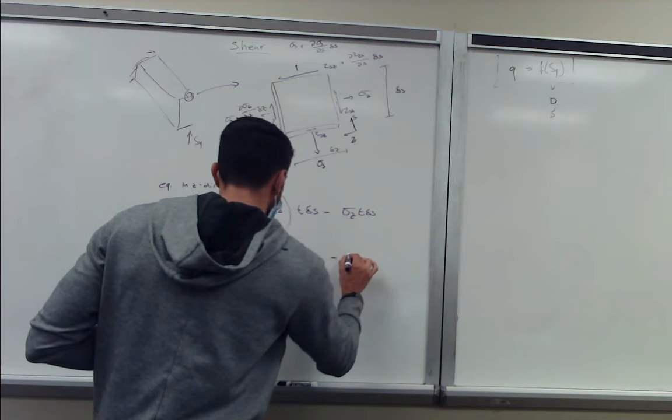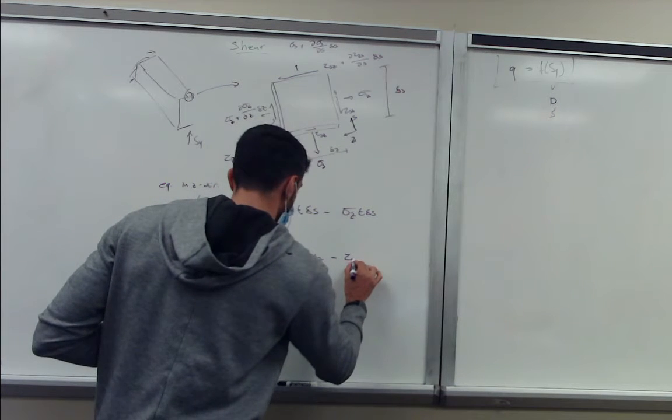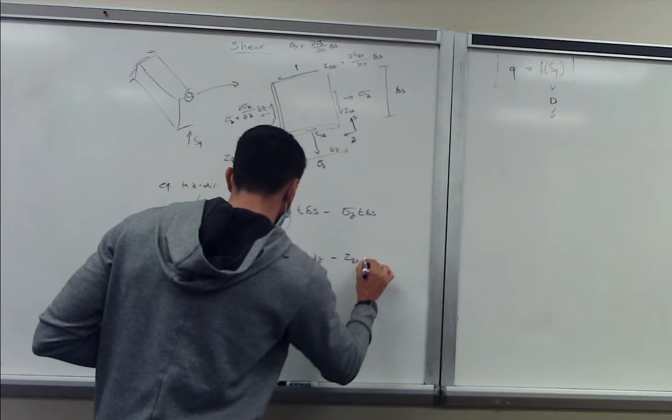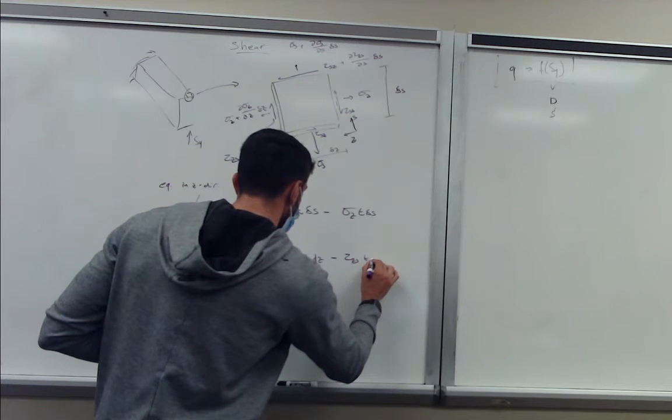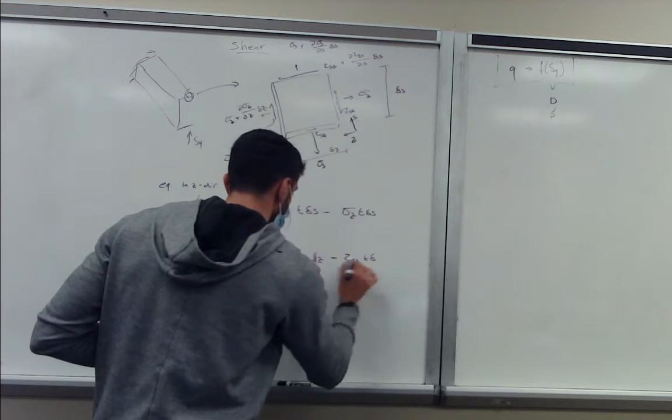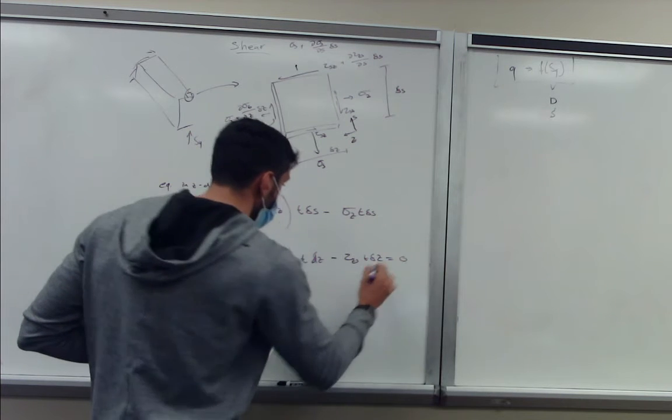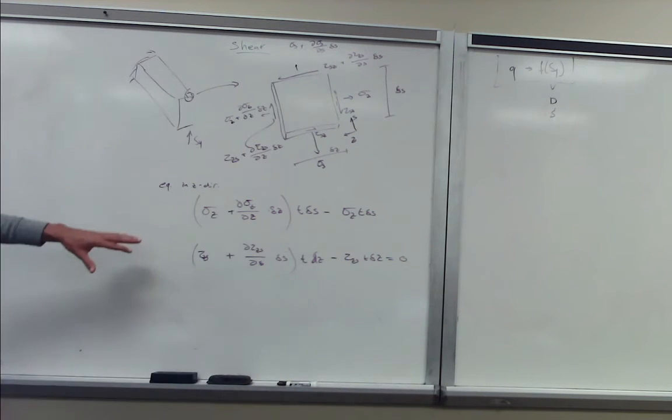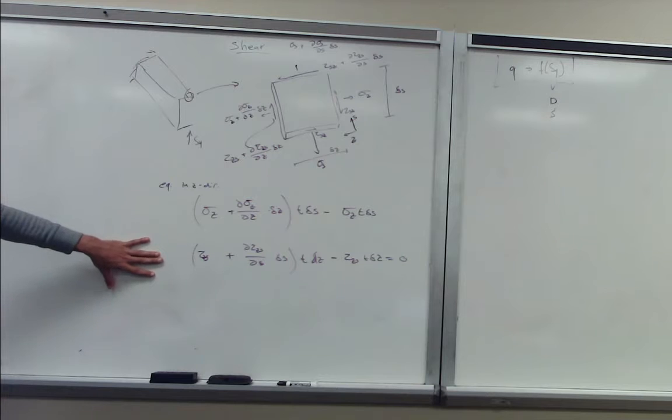And then we do minus tau zs times thickness times delta z, equal to 0. So this is the equilibrium equation in the z direction.